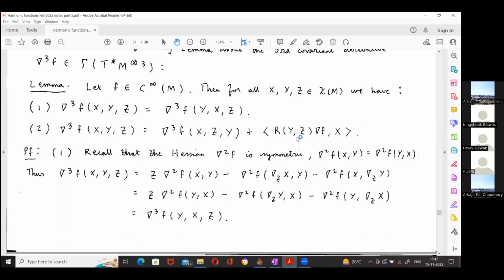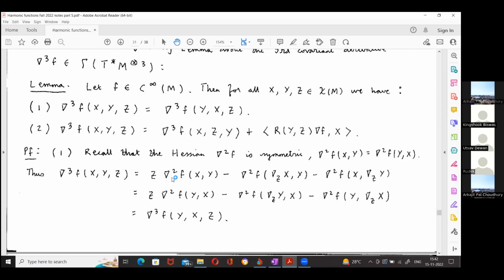All right. So first, let's prove the first property. Property 1: recall that the Hessian nabla squared f is symmetric, right? So nabla squared f of x, y is the same as nabla squared f of y, x. Now, by definition, what is nabla cubed f of x, y, z?